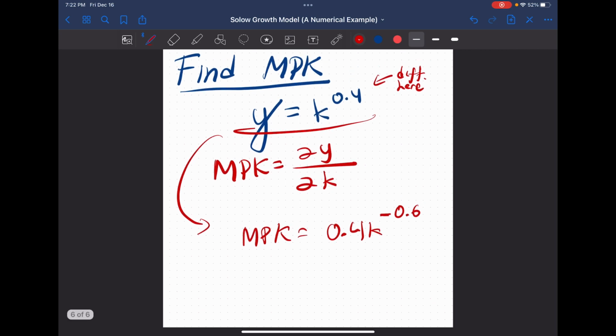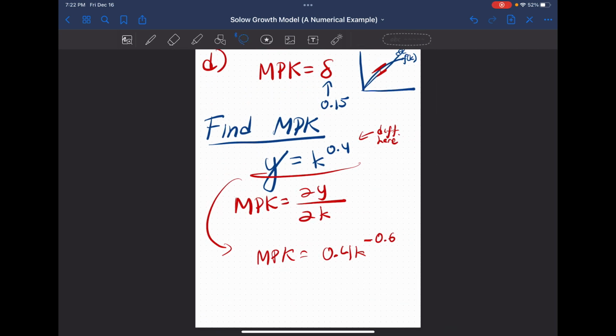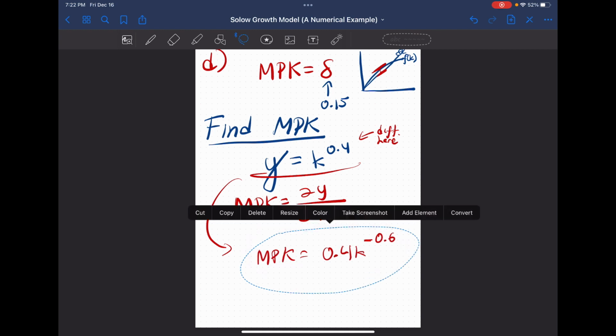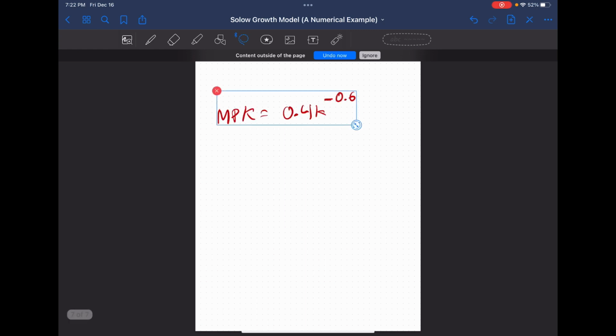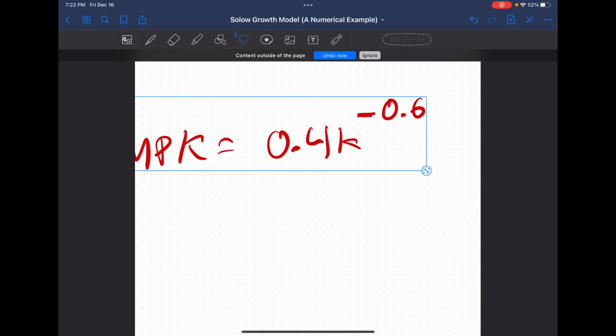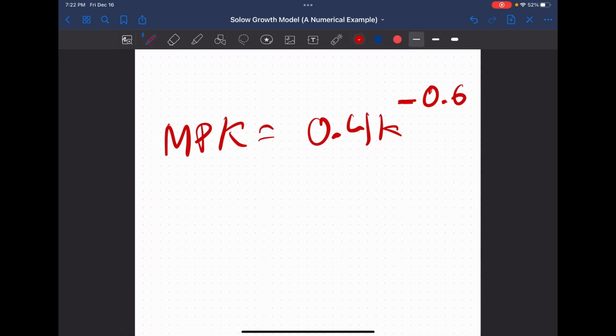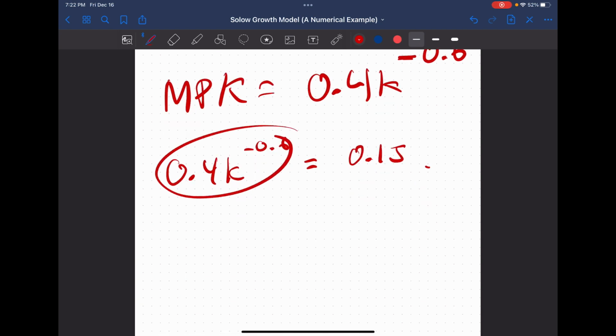And we simply need to make, let me just put it in the next page, what we have found here, 0.4 k to the power of minus 0.6 equal to the depreciation, which is 0.15. So this can be rewritten as 0.4, since it's a negative power, put it downstairs, and that equals 0.15.